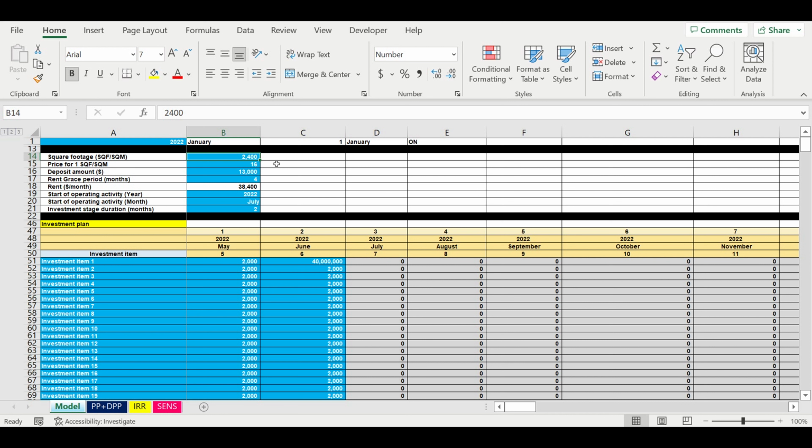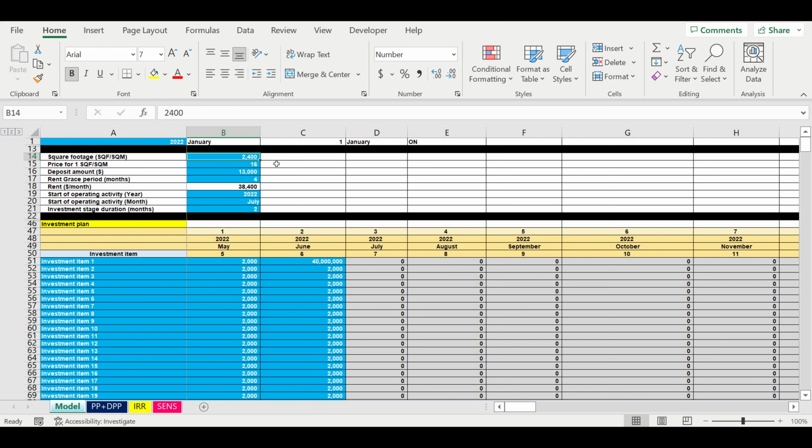Because you will have to be able to play with inputs easily. People, investors, bankers, your friends, your business partners will have to be able to find the inputs in your financial model easily, very quickly, to play with this data, with creating scenarios.